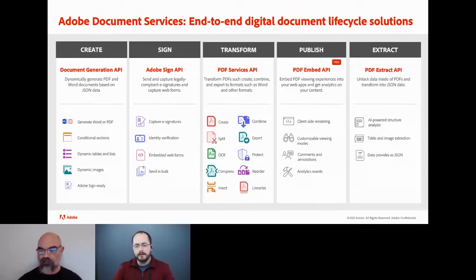But one of the cool things about this, which Joel is going to walk us through today, is all the different ways that PDF Extract becomes powerful for you to be able to pull that information out, be able to use that for automating a number of actions and providing insight into how to work with PDFs and use things like PDF services, as well as how you can also embed some of those experiences into the website.